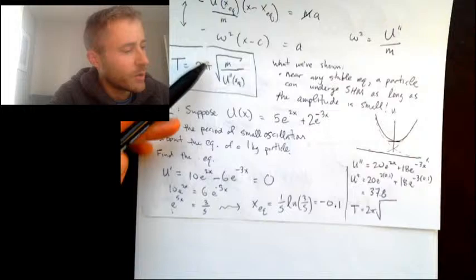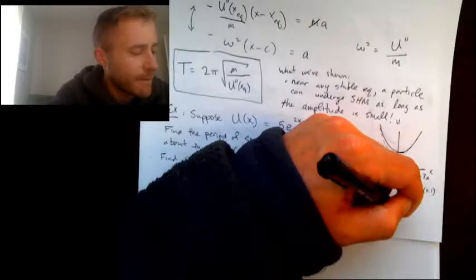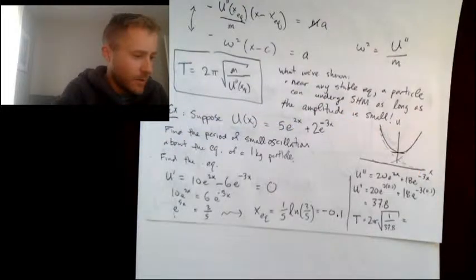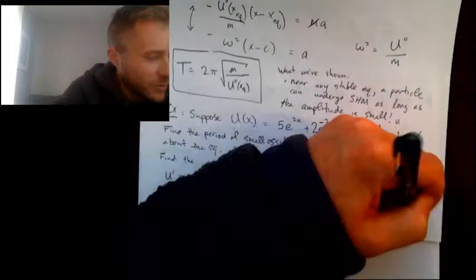So I have 1 over 37.8, and that gives me almost exactly 1 second.